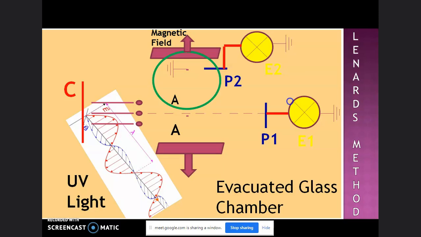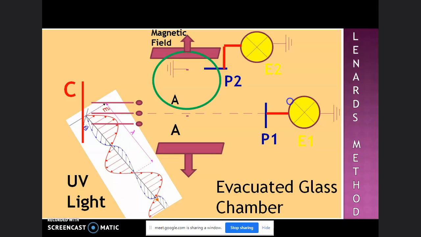We know that only if the incident light has a frequency above the threshold frequency, electrons are ejected from the cathode. If the frequency is below the threshold frequency, no electrons are ejected from the cathode terminal.